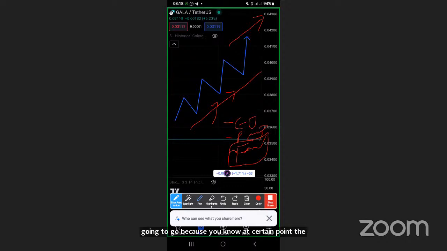The trend is going to reverse. And you don't want the trend to reverse when you're in the trend. You want the trend to reverse when you're out already. Or if you see there's a possibility of a reversal, you rather exit the market, because you may see the reverse of what you're seeing here happening into the downside.